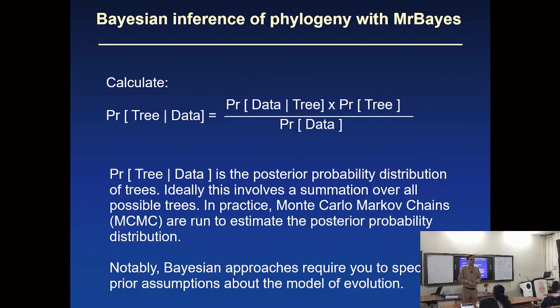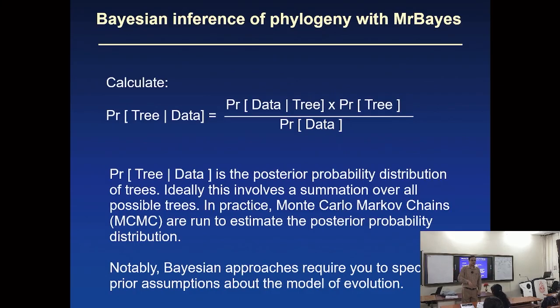Say that there are n possible topologies. You can compute the posterior probability of each of these topologies, and when you add them up, they should add to 1, right? We discussed that.